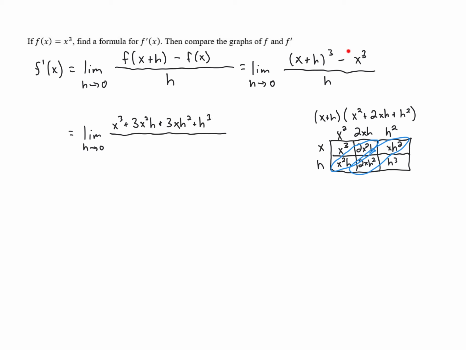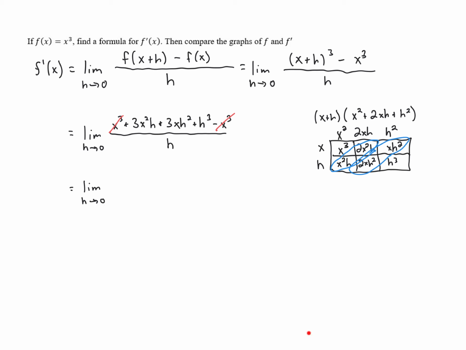And then we're still subtracting x cubed, so we've got minus x cubed, and this is all over h. Now there's a little bit of canceling we can do. We've got a positive x cubed and a negative x cubed, so those go away. And then all the remaining terms have an h in them, so we can divide out that h from the denominator.